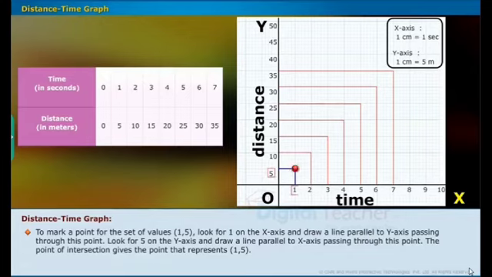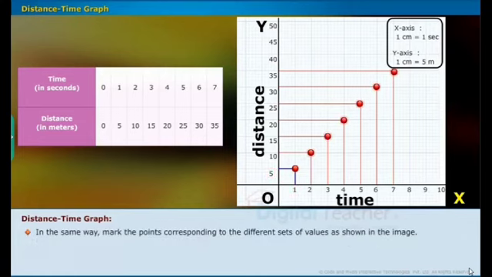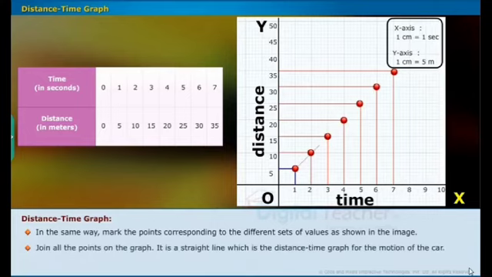The point of intersection gives the point that represents 1, 5. In the same way, mark the points corresponding to the different sets of values as shown in the image. Join all the points on the graph. It is a straight line, which is the distance-time graph for the motion of the car.